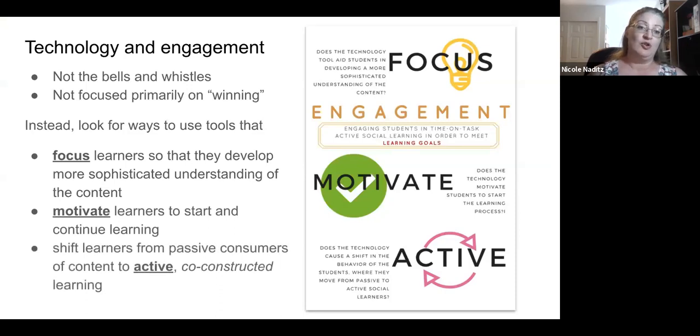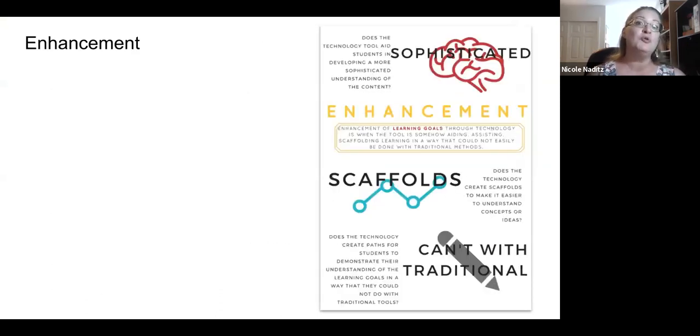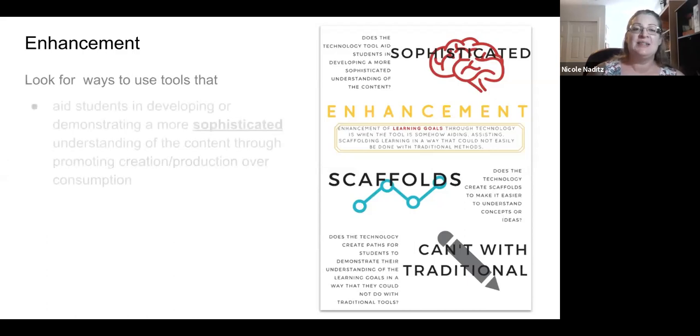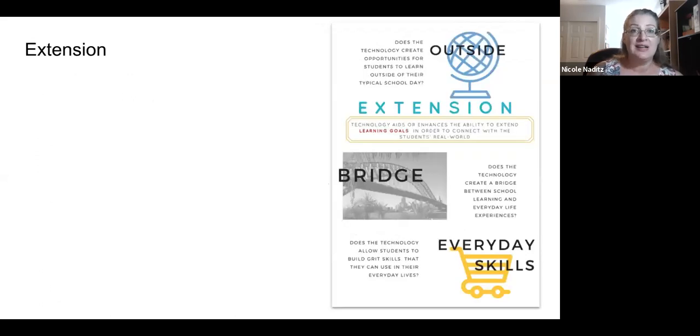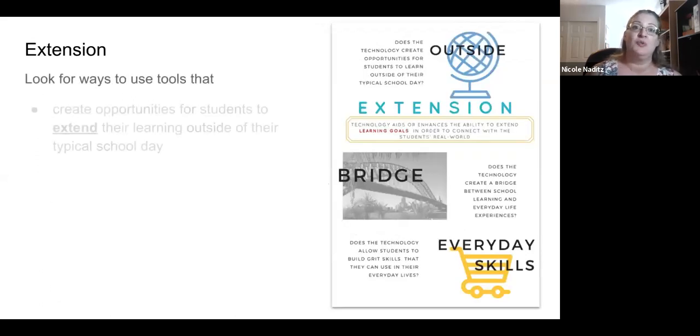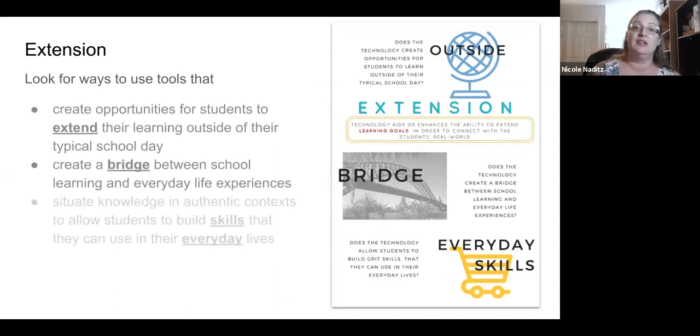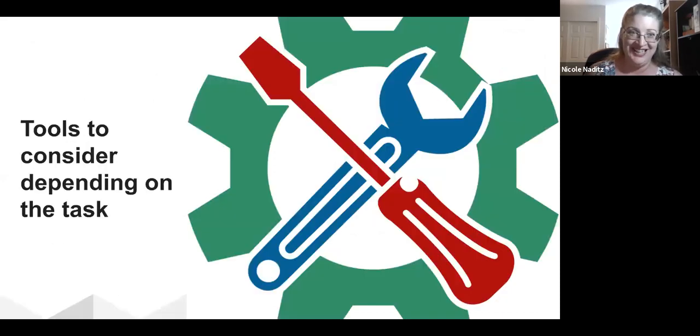So focusing learners, motivating them, helping them co-use technology so that they're not just learning in isolation in front of their computers, which is almost more of a concern now than it even was when we were in our classrooms. Enhancement, so that they have the scaffolds they need, they have multiple ways to represent their knowledge, their understanding gets deeper, and the work that they're doing has connections to the world beyond our classrooms and beyond textbooks and beyond online instructional materials and so on.